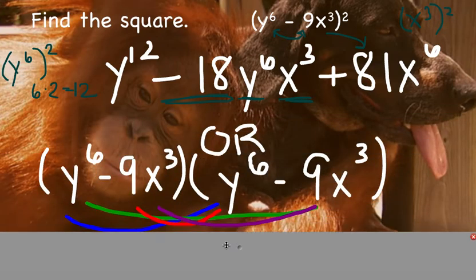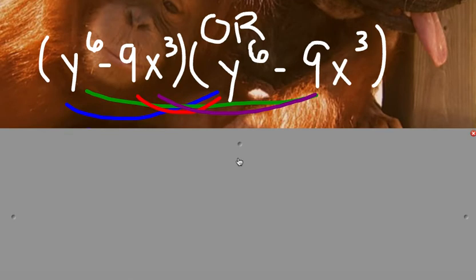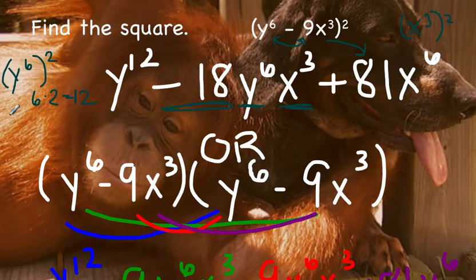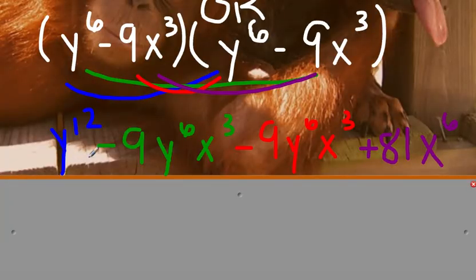Or, again, we can FOIL. So I'll go ahead and show you the FOIL again here, color-coded. If you follow the blue, that's our first terms, y to the 6 times y to the 6th. And again, we're going to keep the base and add our exponents, y to the 12th. So that's where that's coming in from, right up here. And then if you follow our green, that's our outer terms. We're going to get negative 9y to the 6 x cubed.